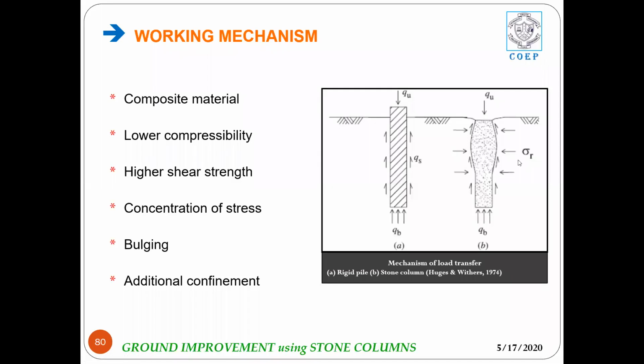Because of the pressure transferred to the surrounding soil, the pressure in the pore water starts building up, and this water enters circumferentially into the stone column and then finally finds its way to the ground level. Since we are making use of aggregates and no binding material, there are voids in the stone column, and these voids provide the pathway for the pore water to come to the ground level.